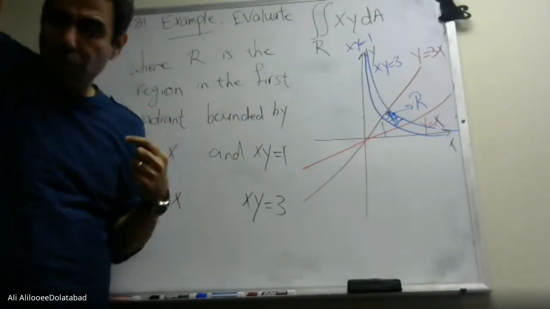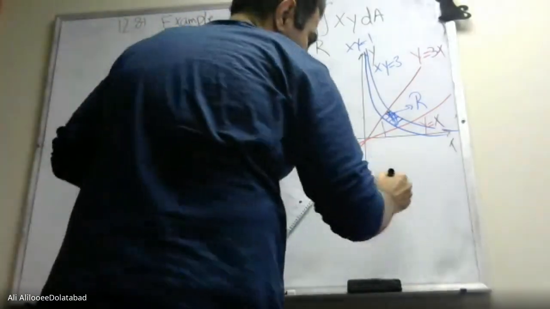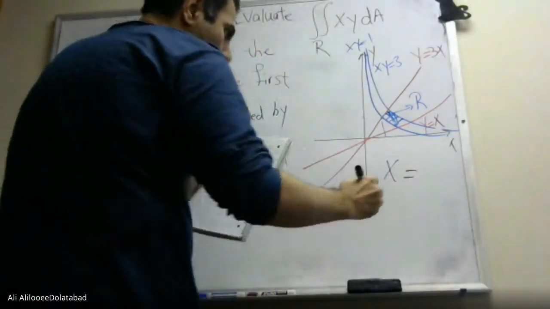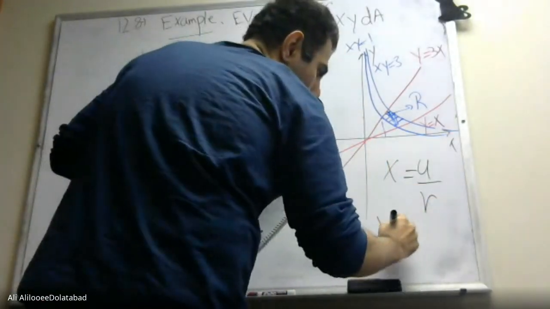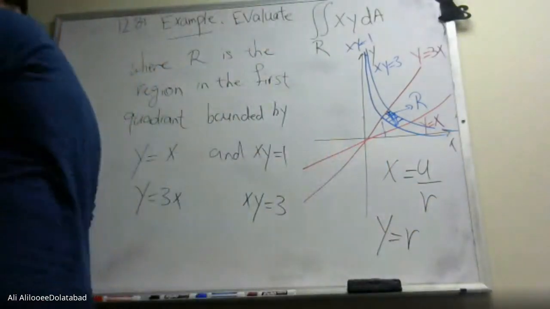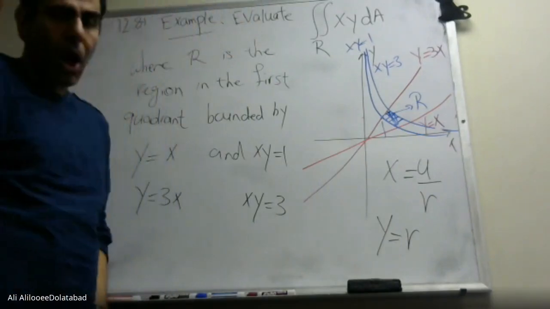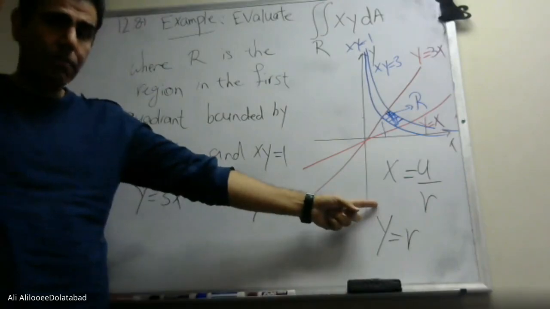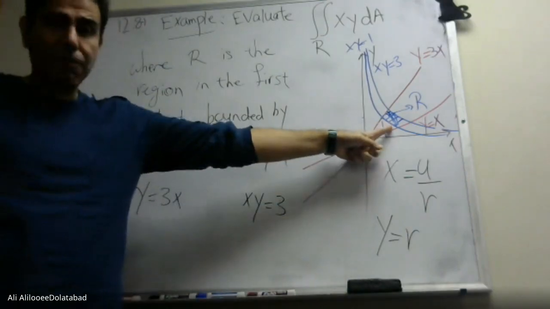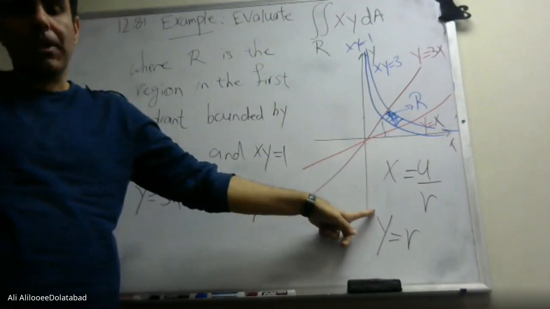But for this question, one transformation is given. The transformation is x equal to u over v, y equal to v. We want to use this transformation, and by using it, we want to know the transformed version of this shape with respect to this transformation.